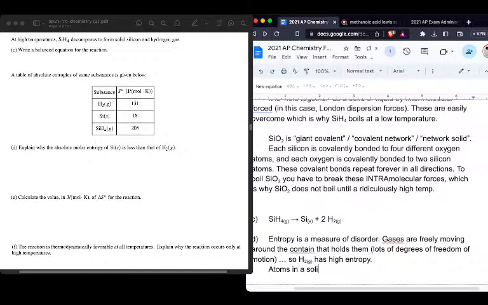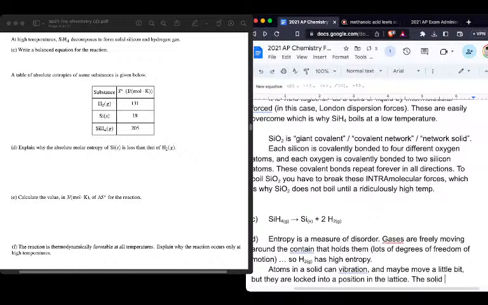Atoms in a solid can vibrate and maybe move a little bit, but they are basically locked into a position in the lattice, so they don't have freedom of movement.